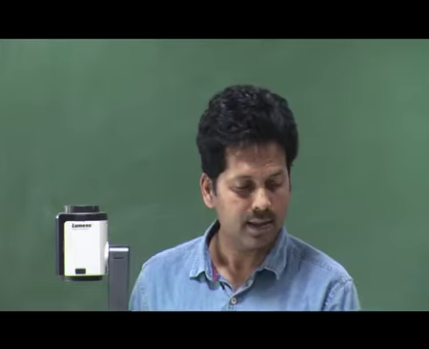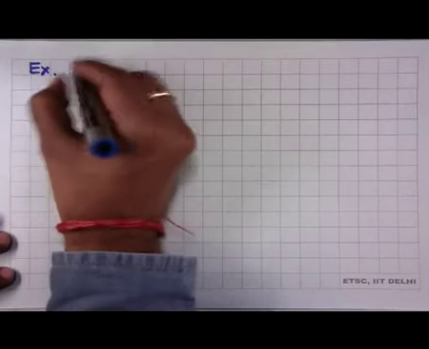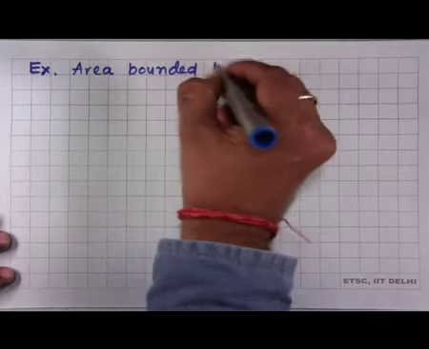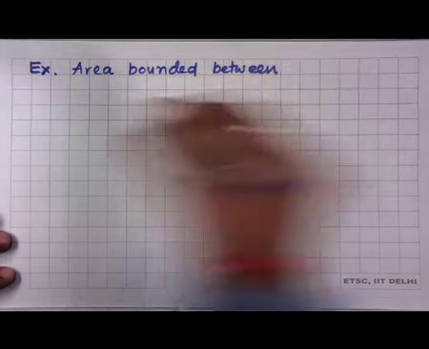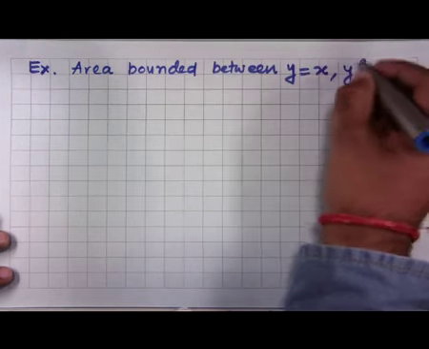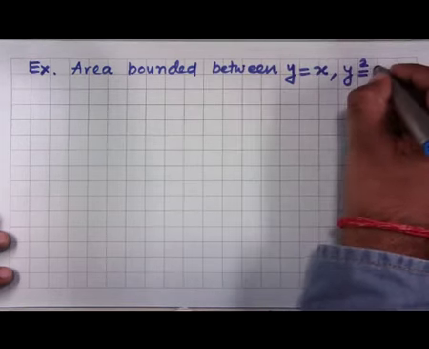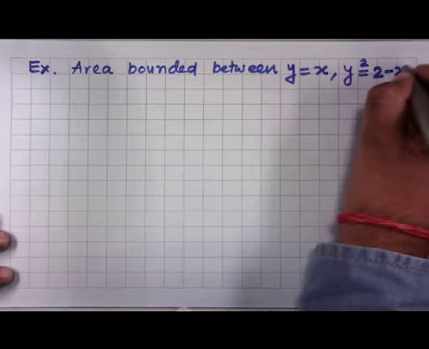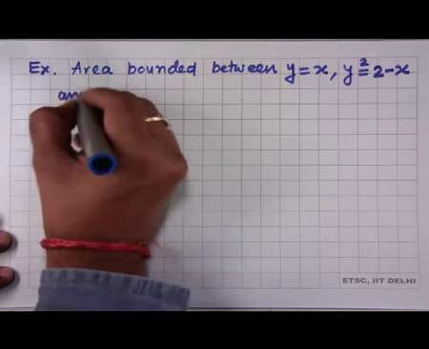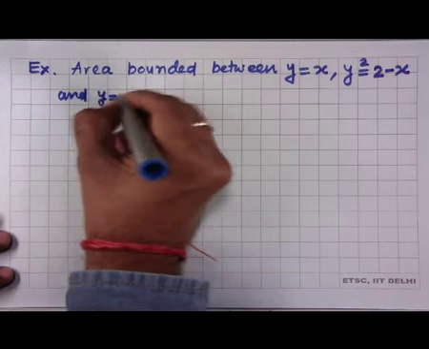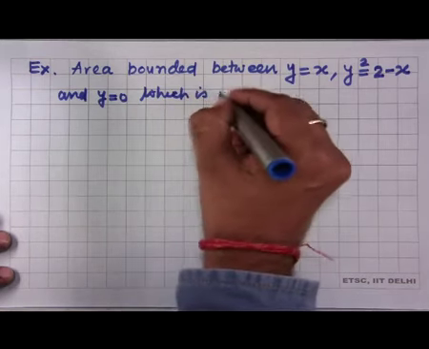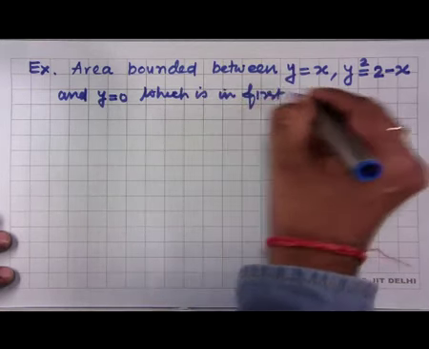Let us take another example, and the example is the area bounded between y equals to x, y square equals to 2 minus x and y equals to 0, which is in the first quadrant.